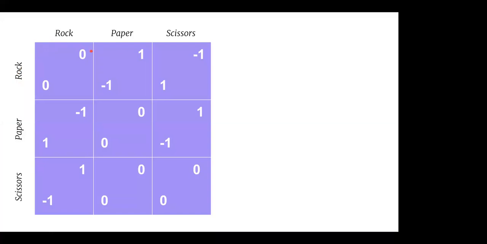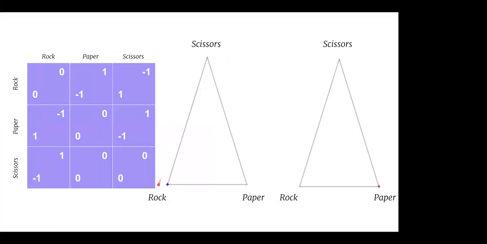Okay, so to visualize that, I'm going to use the simplex, which we talked about last time, but essentially it just is a visual depiction of what probabilities each action is being played with. So for example, now player 1 is playing rock with a unit probability and player 2 is playing paper, right? So we look in this cell and we see that agent 1 is losing the game.